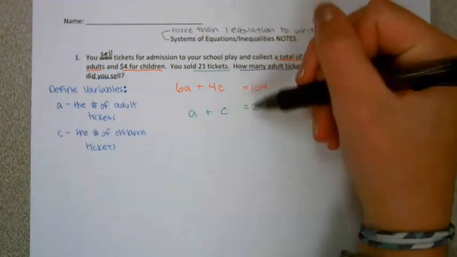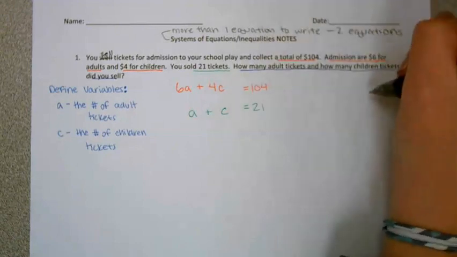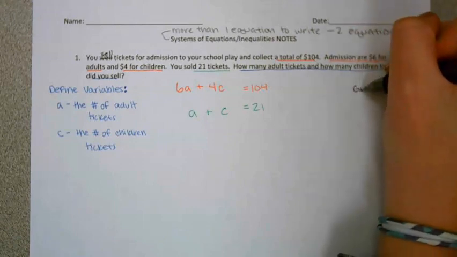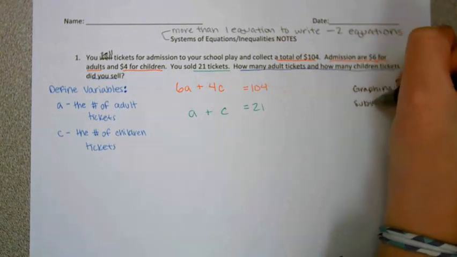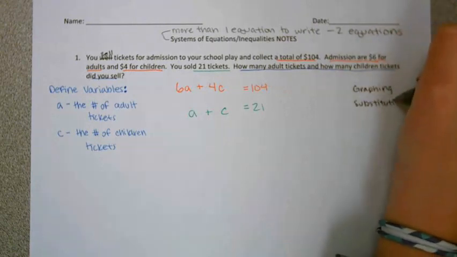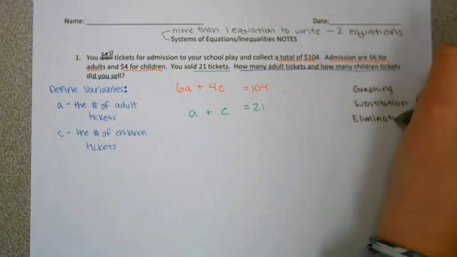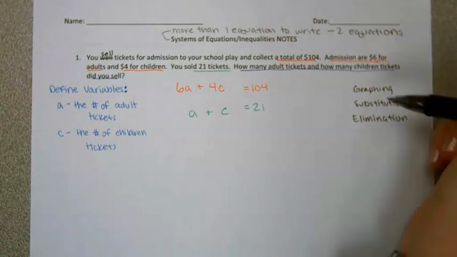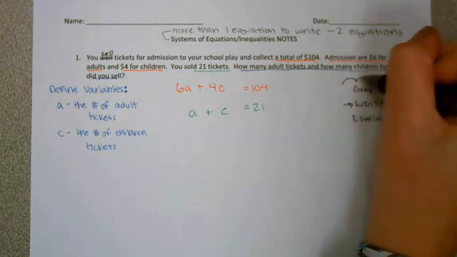Now we need to solve this system of equations. And we have three methods to do this that we learned in our last module. We have solving by graphing, we have our substitution method, and we have our elimination method. While we could do any of these, in this situation I'm going to specifically choose the substitution route.